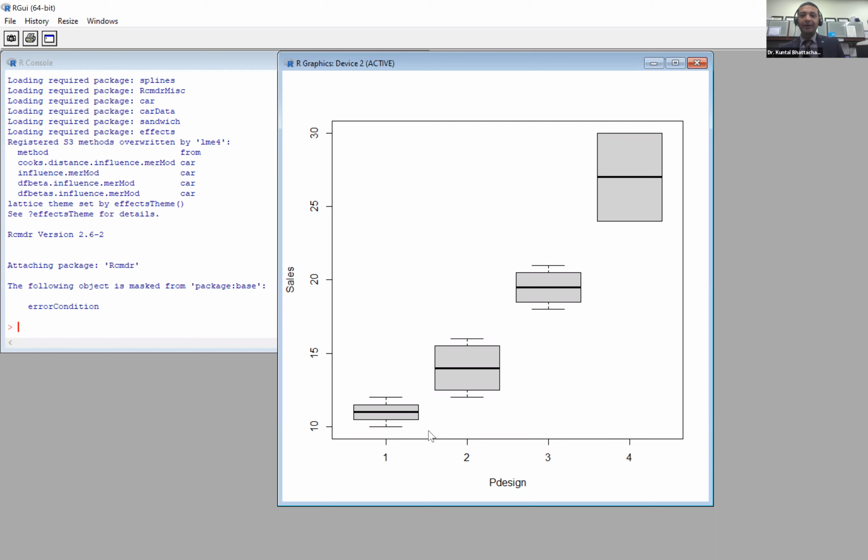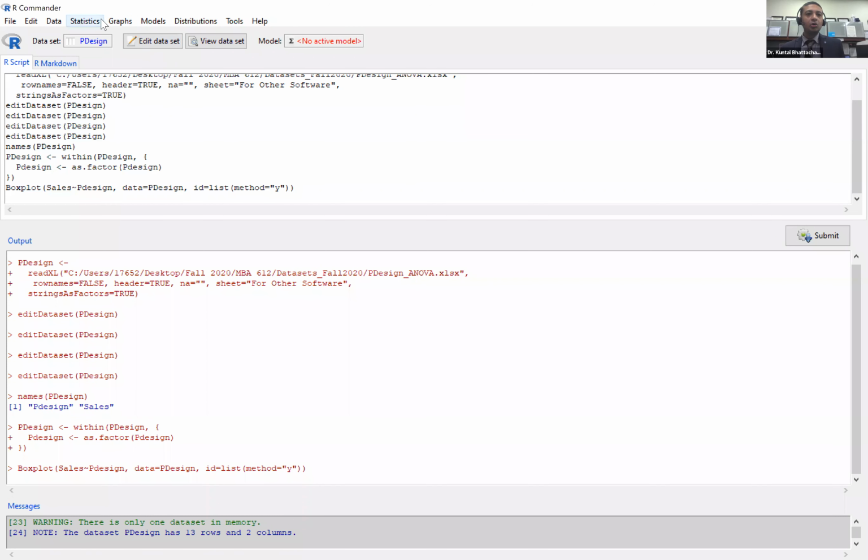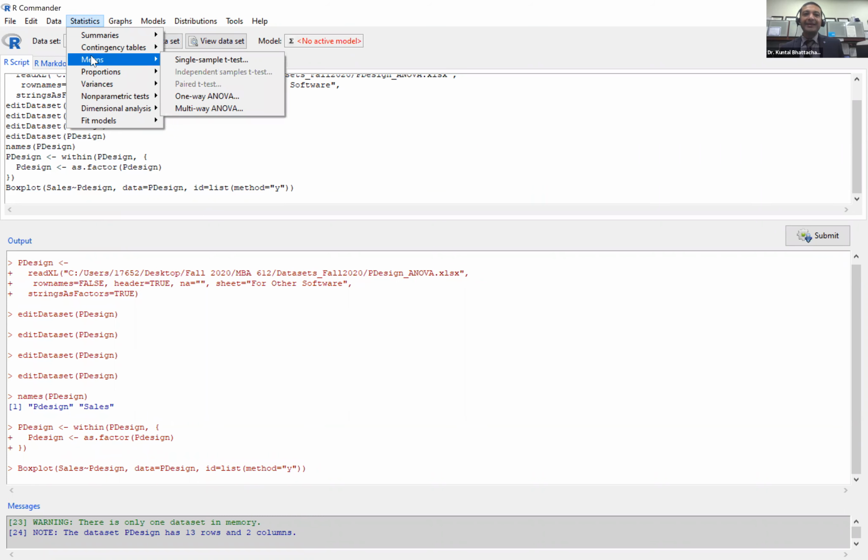And then there may be a little bit of interference between 1 and 2, and that would be a nice thing to see if they are actually different, or that difference happened by chance. Okay, so to eventually get there, under statistics, under means, you have something called one-way ANOVA.